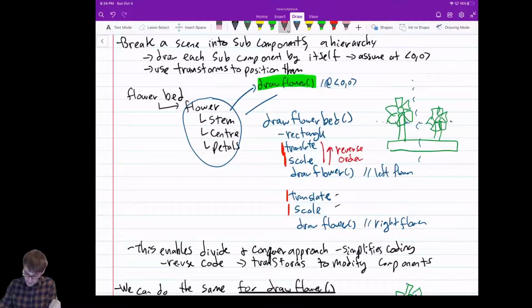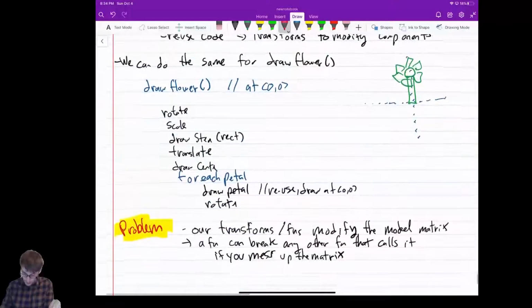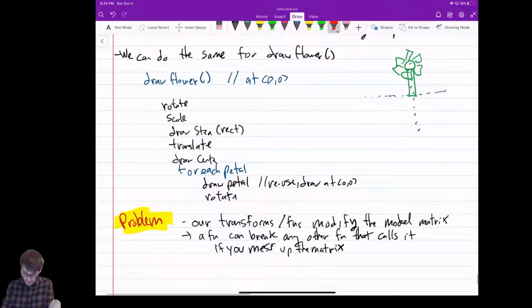I also want to highlight that these are dependent on each other, right? I have to undo that scale, undo that translate, or I have to make my second one with awareness of the first. It's messy, it's hard to do, okay? And this is in draw flower bed. Then inside draw flower, look what I'm doing. Rotate, scale, right? I'm modifying, translate, rotate.